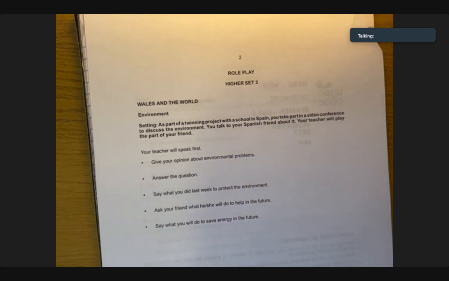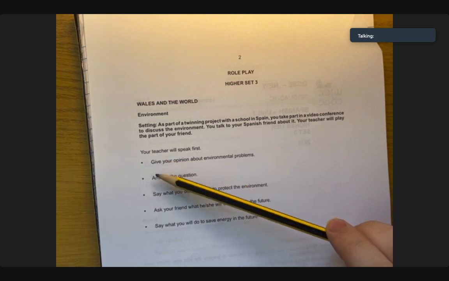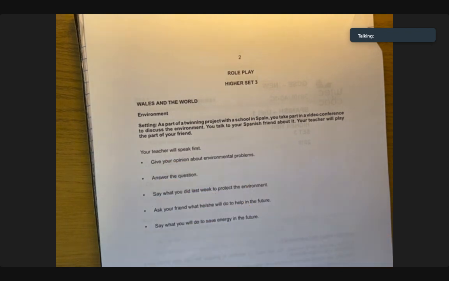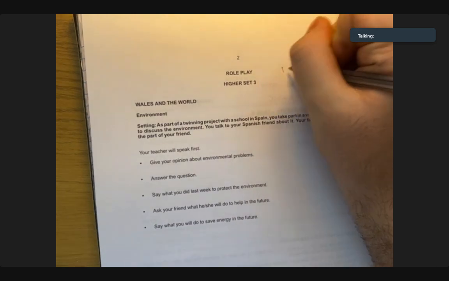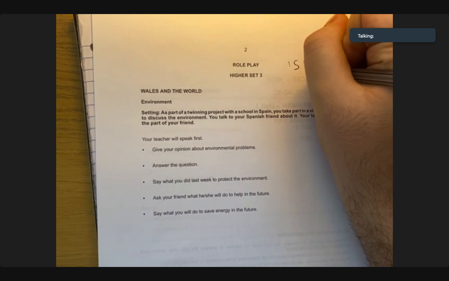And we've got to answer the questions. Now, for the WJEC exam board, there are always 3 marks per bullet point that you have. So there'll be 3, 6, 9, 12, 15. So there are 15 marks available for the roleplay.